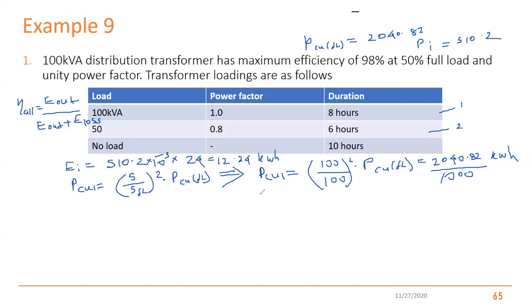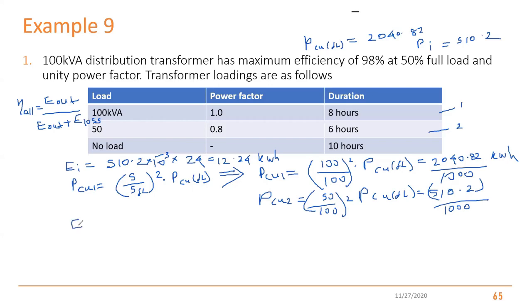P copper 2 can also be found using the same equation: 50 divided by 100, squared, times P copper full load. That can be written as 510.2, which is the same as the half load iron loss, where the maximum efficiency occurs. This is divided by 1000.